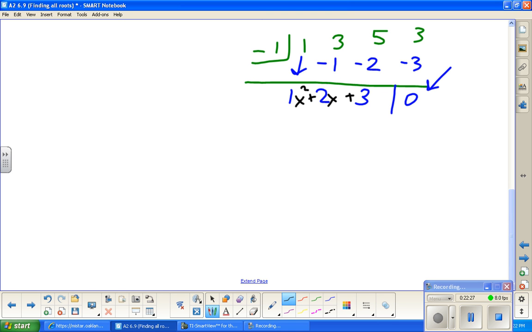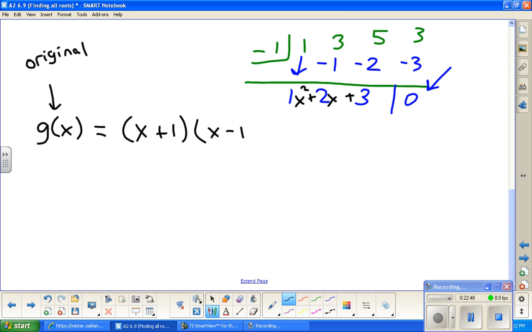Okay, so let's get everything organized here. Remember our original big function, g of x. We factored it now. We knew from the very beginning that x plus 1 and x minus 1 were 2 factors from the beginning graph. We just found the other factor is this.